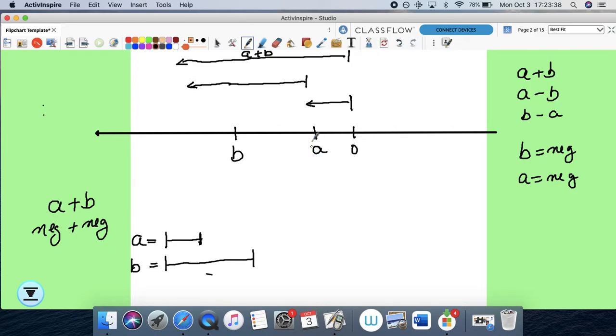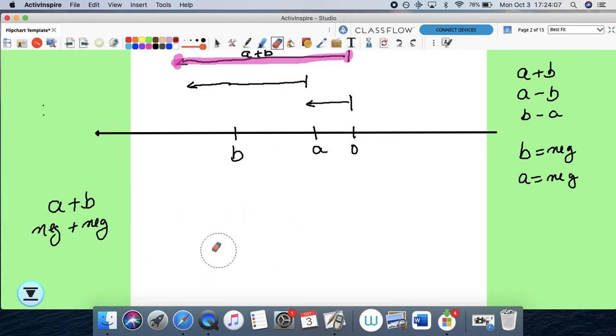I added the absolute value of a plus the absolute value of b, which gives me, now I'll shade it in blue here, my answer right there. Those are the two combined values. The distance that a is from 0 and the distance that b is from 0 combined gives me that value there. This is where a plus b is.